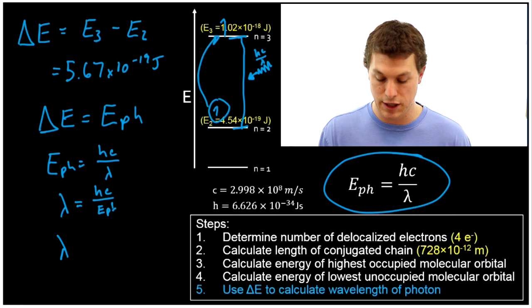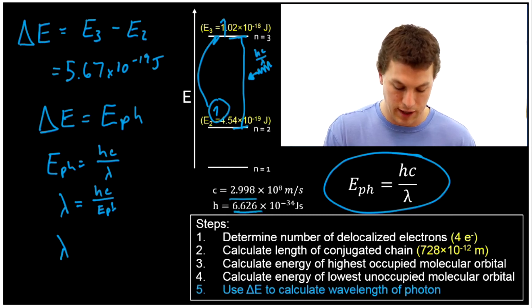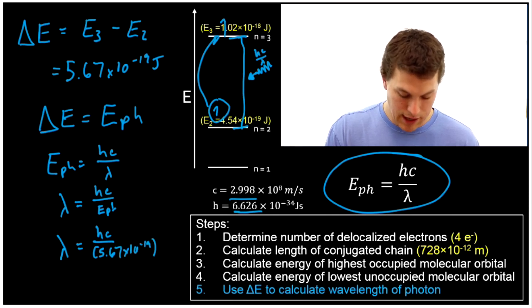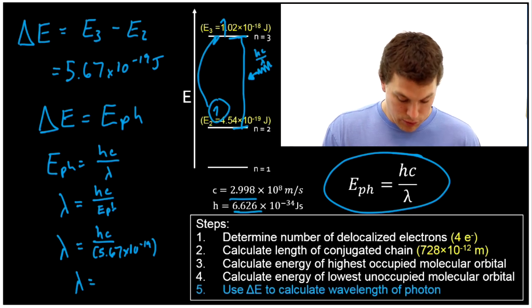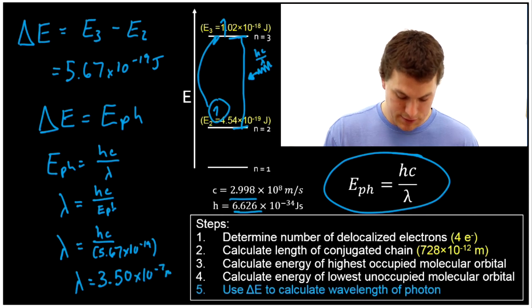In this case, the h is not h bar. So it's 6.626 times 10 to the minus 34, and the speed of light. So we plug in hc and we divide that by my difference, which is 5.67 times 10 to the minus 19th. And what I'm going to get for my wavelength is 3.50 times 10 to the minus 7 meters.